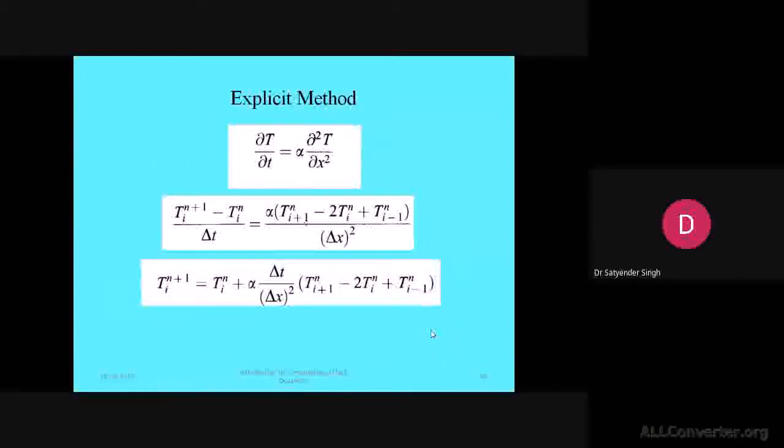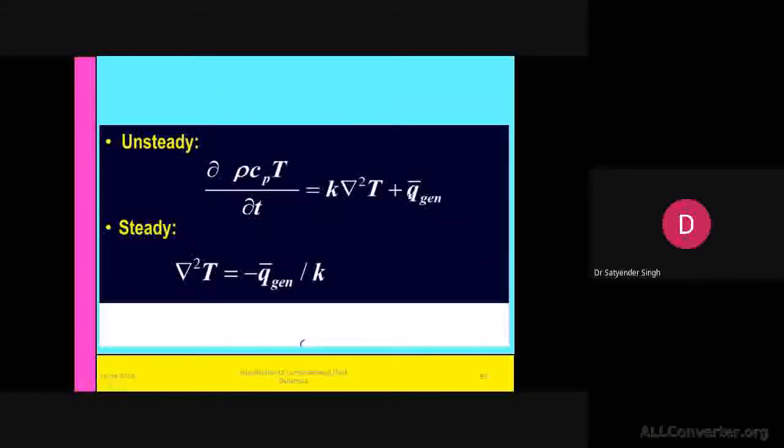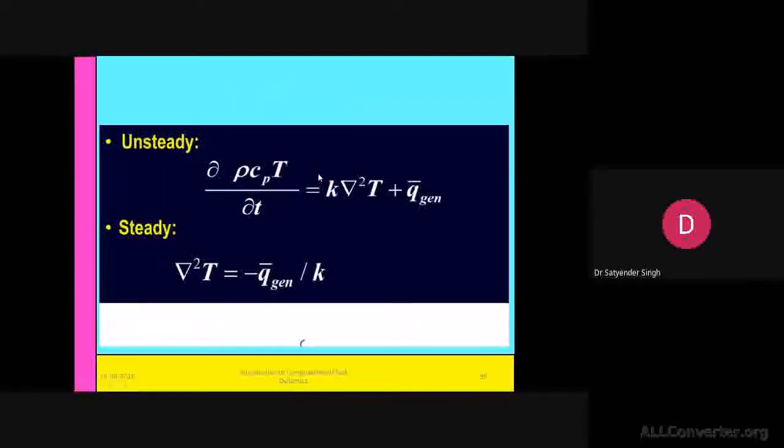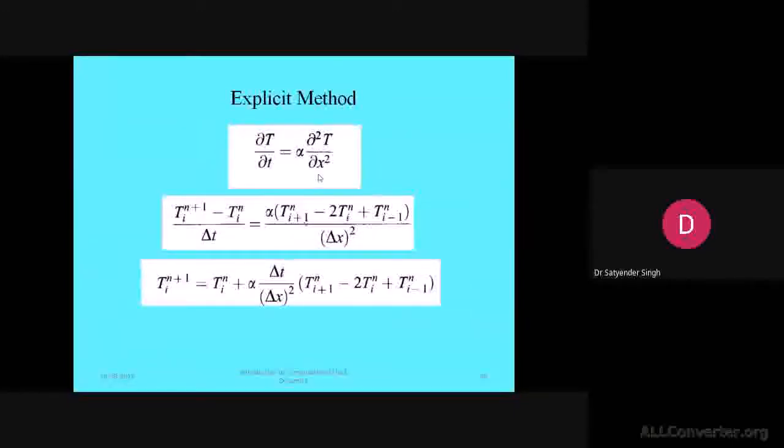Let's say it is a one-dimensional diffusion equation, meaning we're only counting heat transfer in one direction, the x direction, and there's no heat generation in the system. So this particular term has to be eliminated, and this gradient only has to be solved for x. Now we will have this form, where alpha represents k upon rho Cp, the thermal diffusivity, and then we have the forward, backward and central differencing that we have seen earlier.